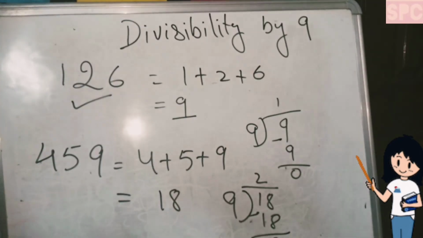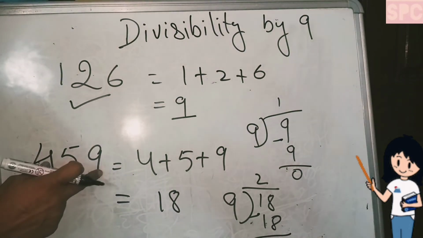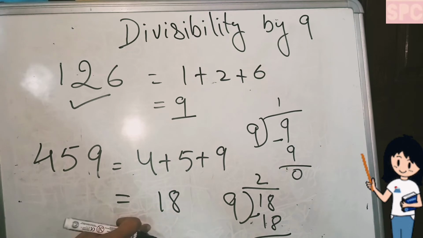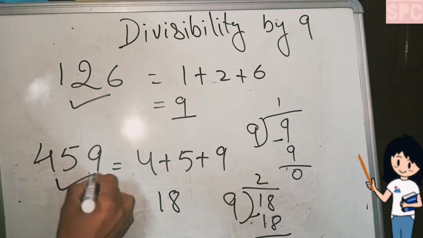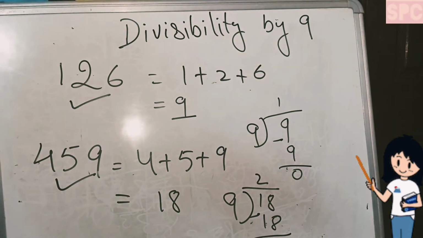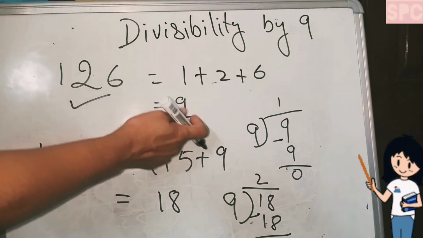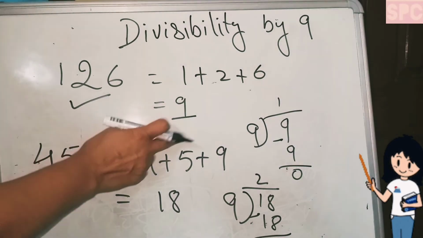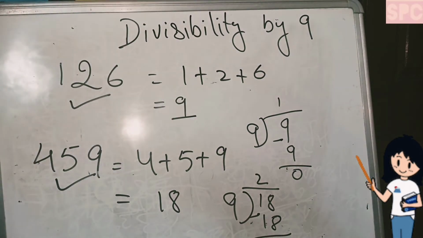Here again you can see the sum of all the digits is coming out to be 18, and this 18 is divisible by 9. So this number 459 is also divisible by 9. So simple. Find the sum of all the digits, check whether it is divisible by 9 or not, and by that method you will find out whether that number is divisible by 9 or not. So it is so simple.